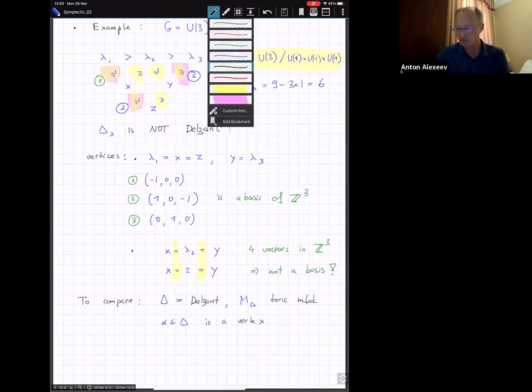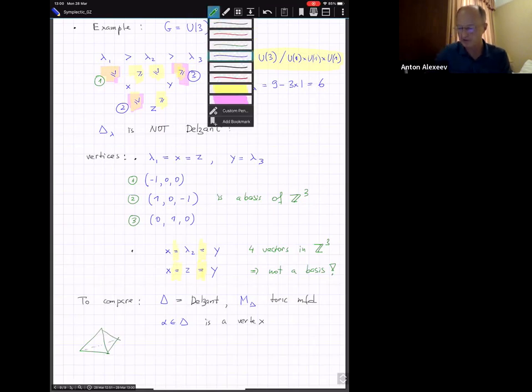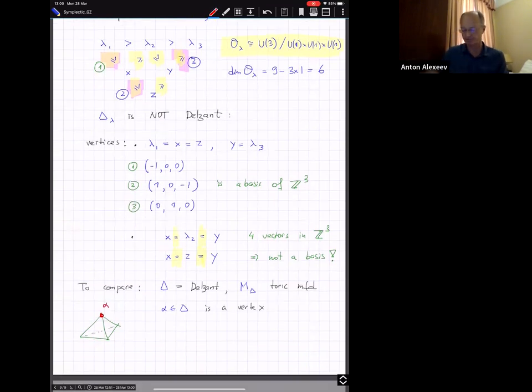So we have a convex polytope, something like this, and alpha is a vertex.